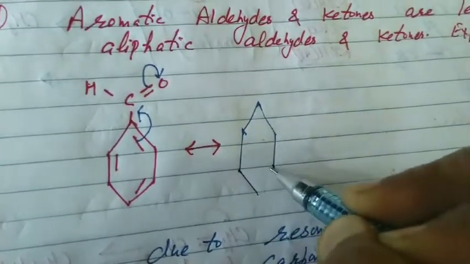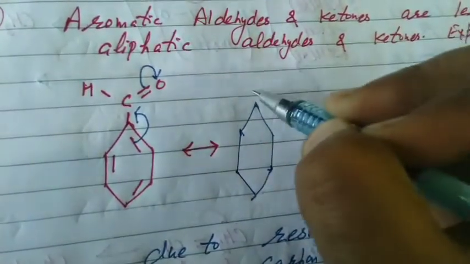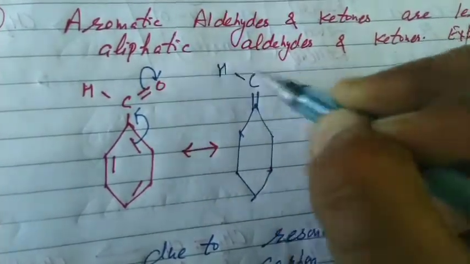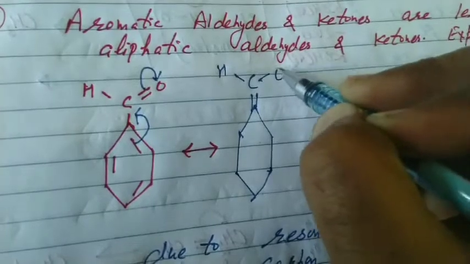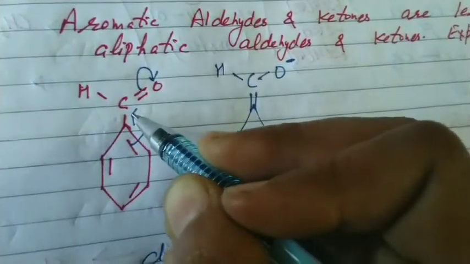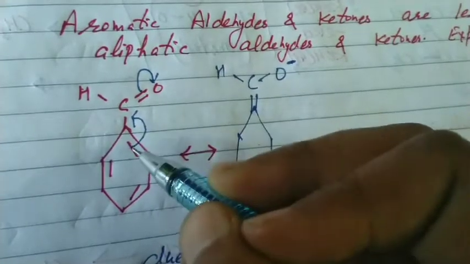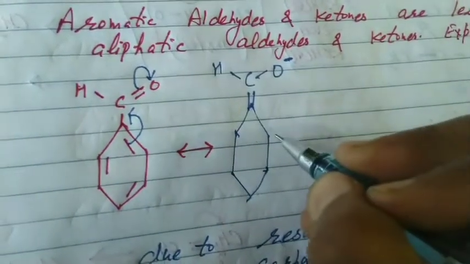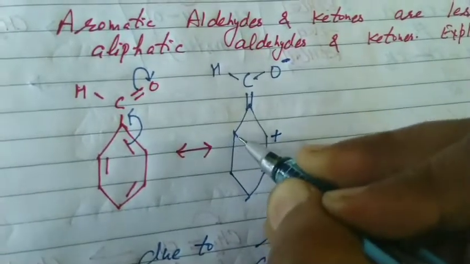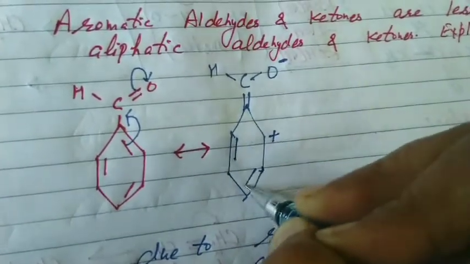What happens in the second structure, students? An exocyclic double bond is formed. CH, pi electrons migrate to oxygen. Definitely it will now have a negative charge. These pi electrons migrate out. As the carbonyl carbon atom withdraws, electron density at the adjacent ortho position decreases. We will mention positive charge here, and these two bonds remain as such.